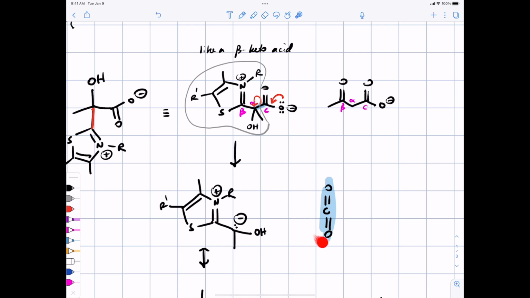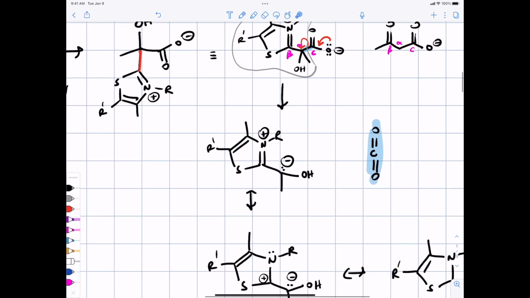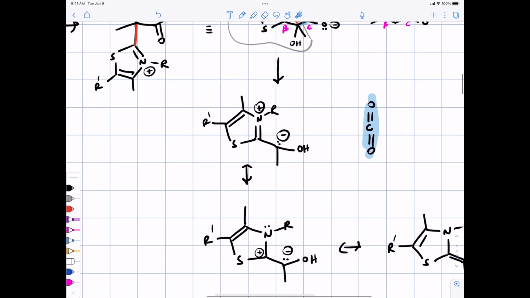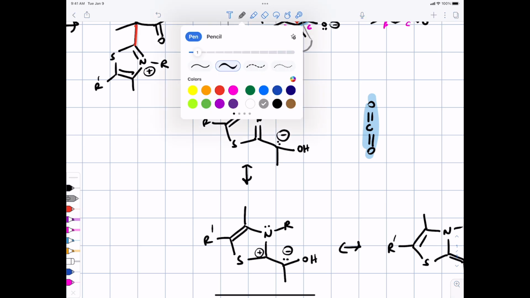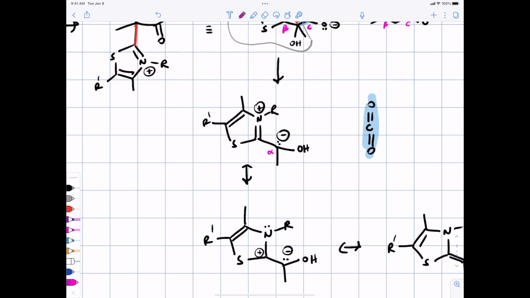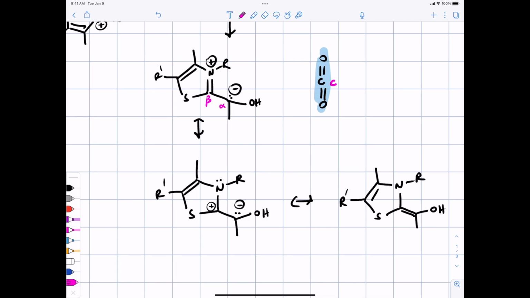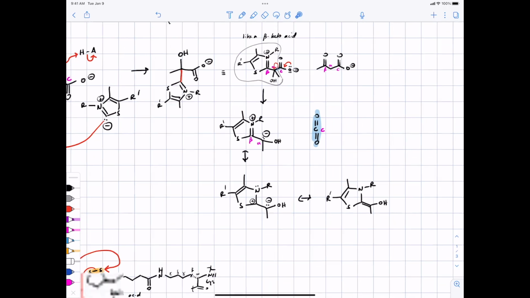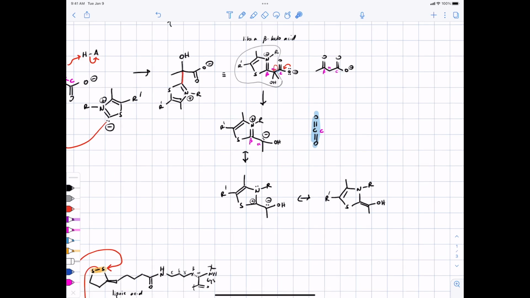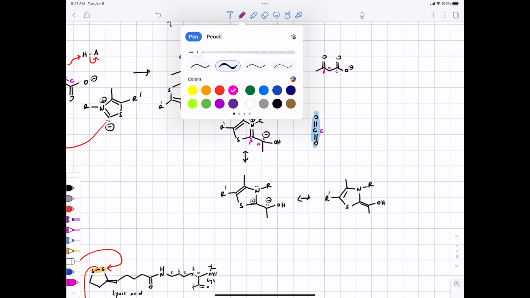So here's the CO2. And we said that this negative charge on what used to be our alpha carbon is now stabilized by resonance, and we can draw a couple of different resonance structures that indicate that it's why this whole thing can be a leaving group is because it's stabilized by resonance, okay? So that's the decarboxylation.